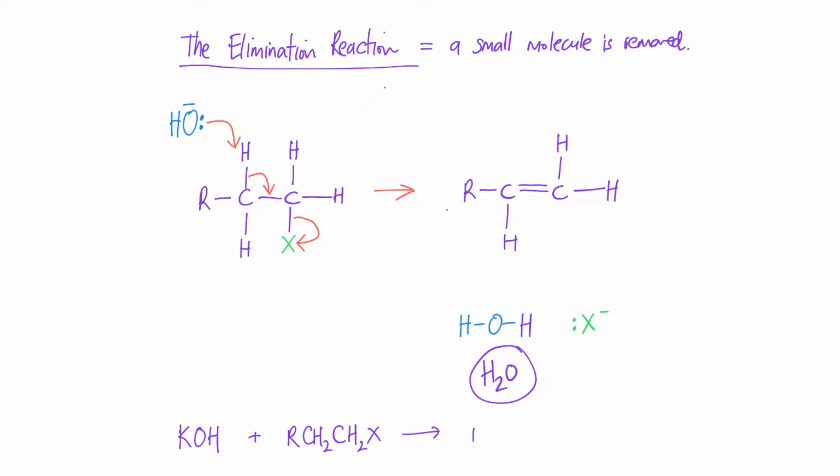Then we have formed the alkene. So we could just represent this like so. There we are. And also then the water. And if we'd started with potassium hydroxide, we'd then write this as KX at the end. So we'd have potassium chloride or whatever would be relevant to the particular halogen that we had.